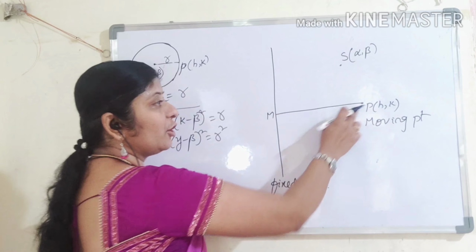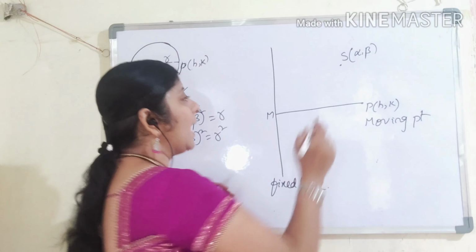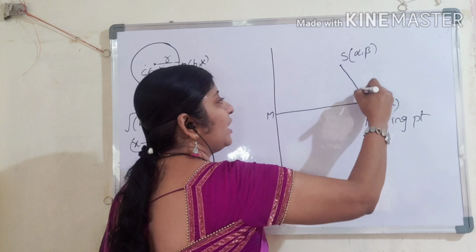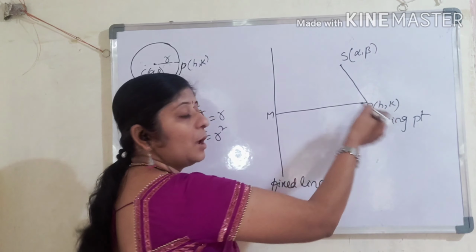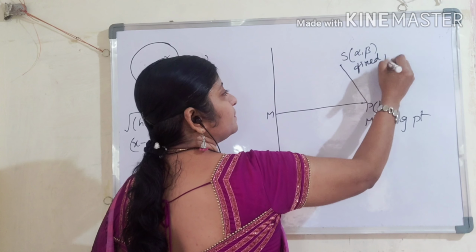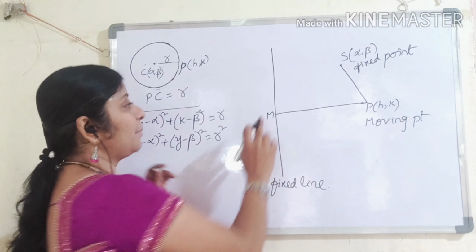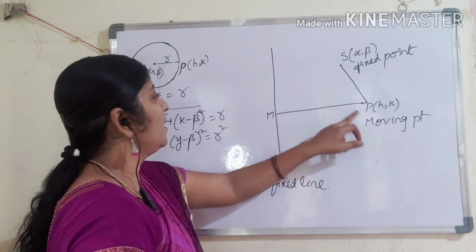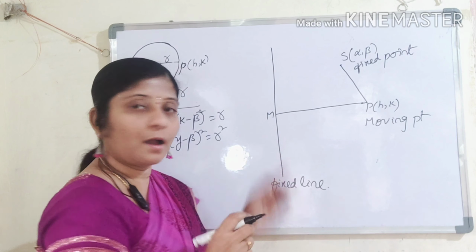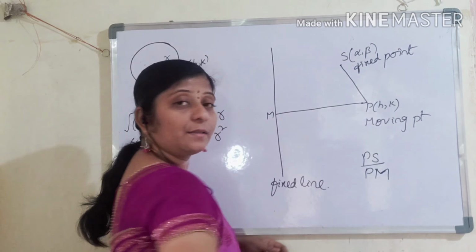That means the perpendicular is drawn from the moving point to the fixed line. And the distance between the fixed point and the moving point is PS. The ratio PS by PM remains constant.